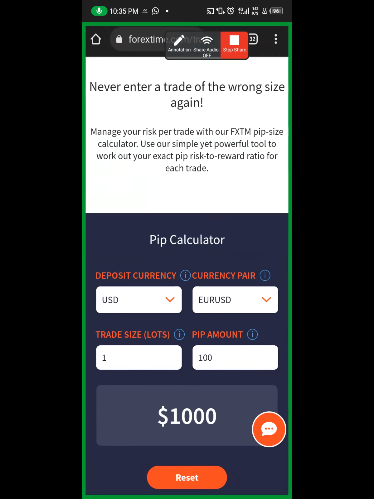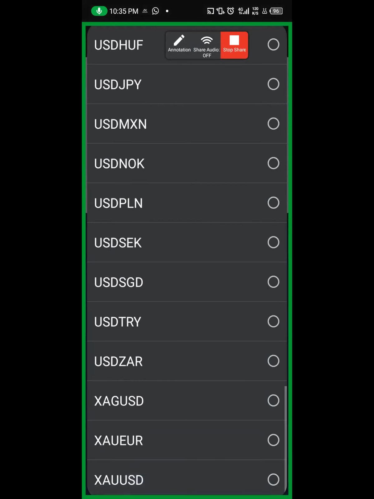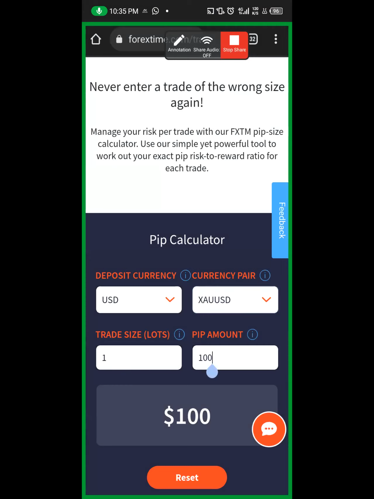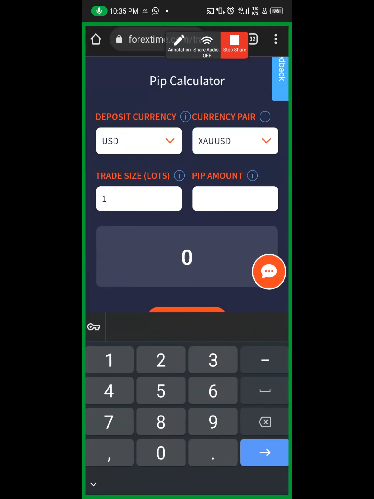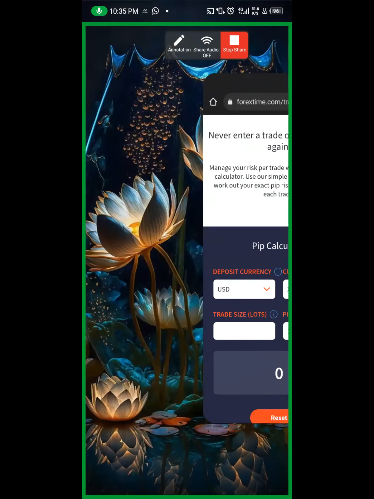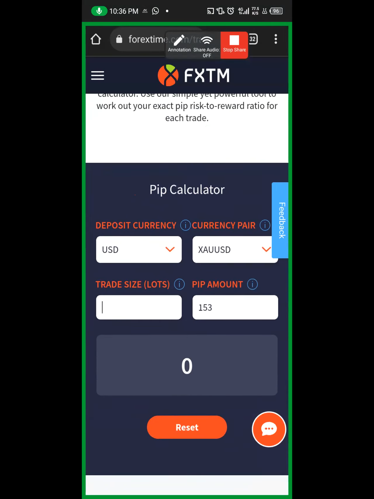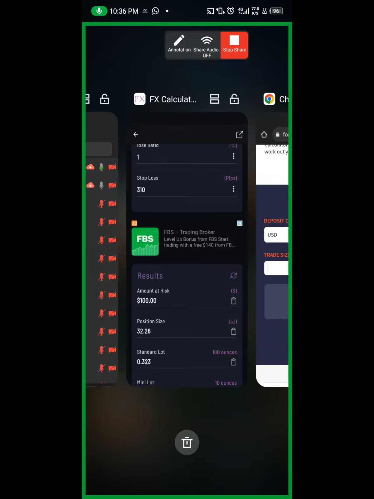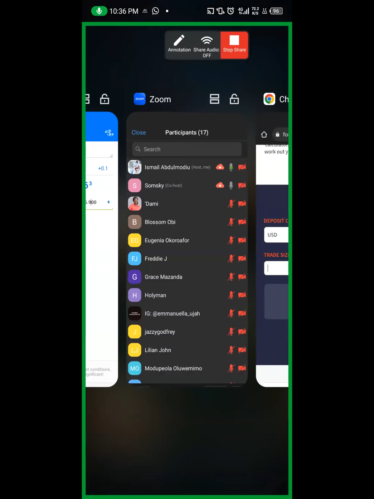So if you are using this account size, the pip amount is 153, and what is the trade size again? Let's go and check the trade size, the position. What's the position? 32.2, right? 32.2. I hope I'm right there.